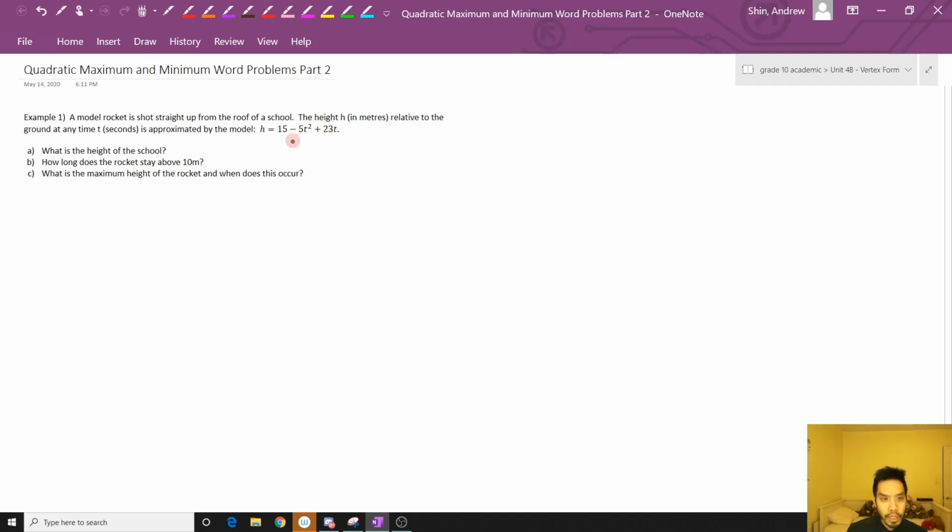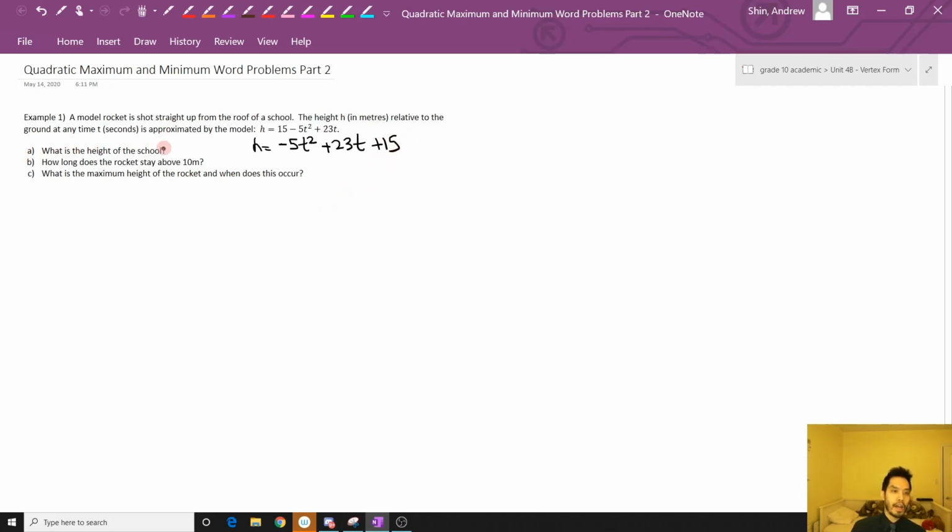The first exponent should be the highest exponent, so it's descending. So it should be rewritten as minus 5t squared plus 23t plus 15. Now it's written in descending order with the high exponent of t first, which is an exponent of 2, then the next term has an exponent of 1, and the last term has no exponent.